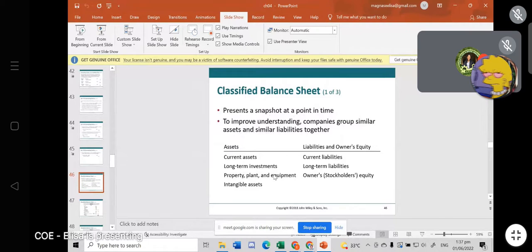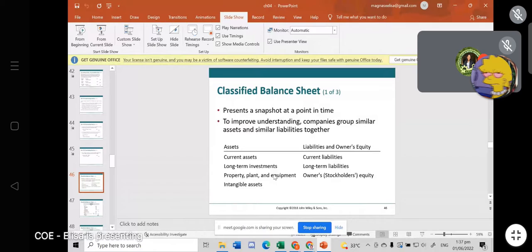Now, at this point, I would like to introduce you to the preparation of a classified balance sheet. Somehow you are already introduced when you prepared your activity 1. You already have the picture.